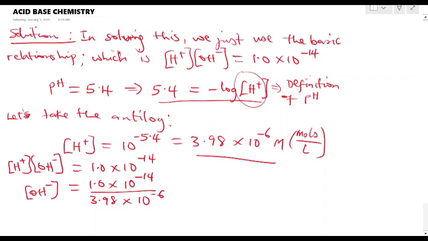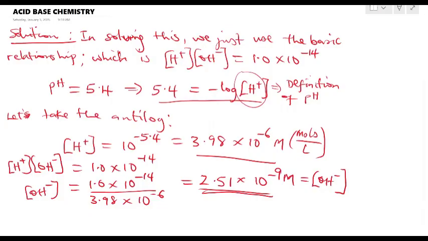Okay, so when you simplify out that mathematics, what you have is 2.51 times 10 raised to power minus 9 molar, and that actually gives you the concentration of your hydroxide ion, which we are looking at. So this is simply the answer to the question.